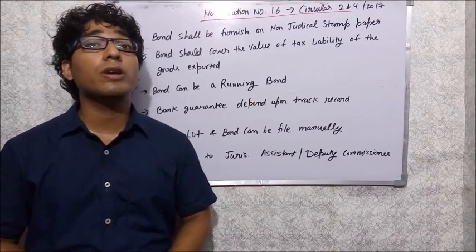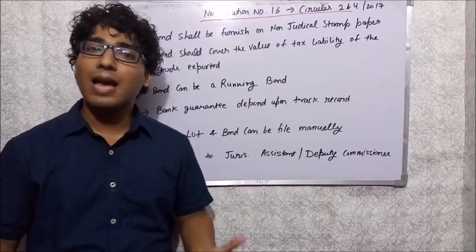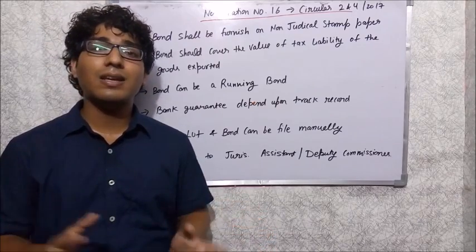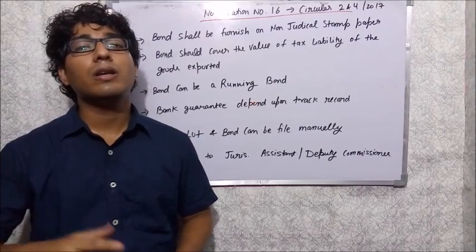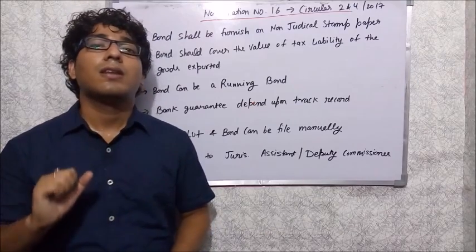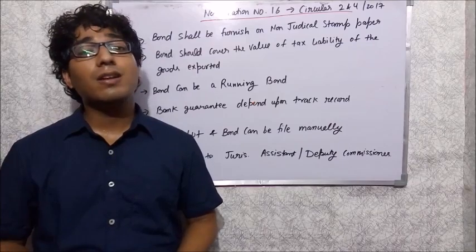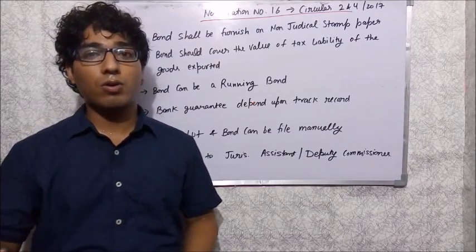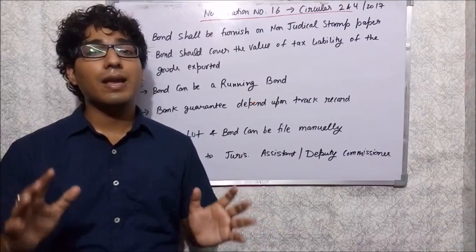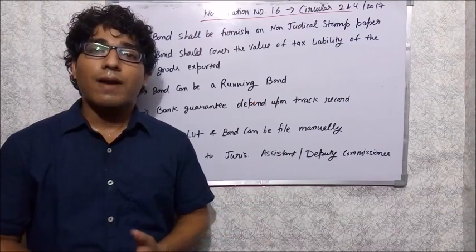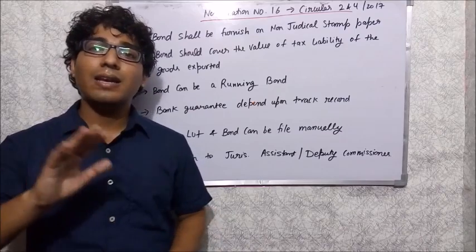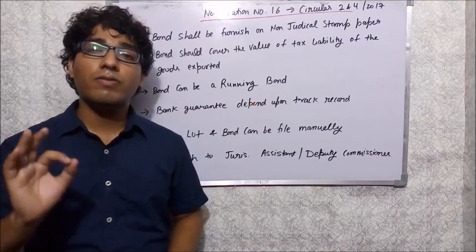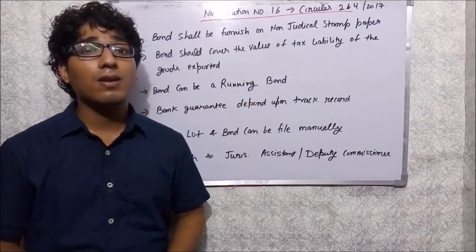The jurisdictional commissioner has the power to decide the amount of bank guarantee. If you have a good track record and are trustworthy, the bank guarantee is not needed. But in other cases you have to furnish it, and in any case the value of the bank guarantee cannot exceed 15% of the bond value.